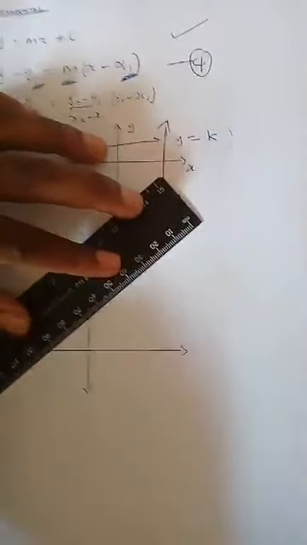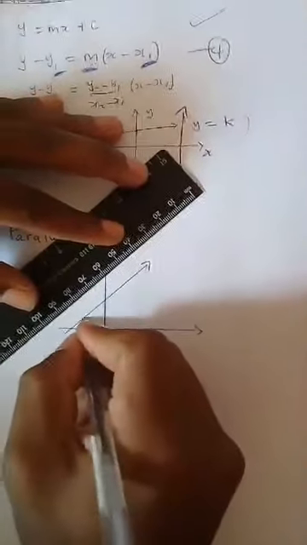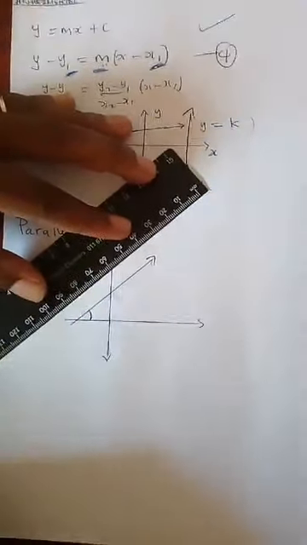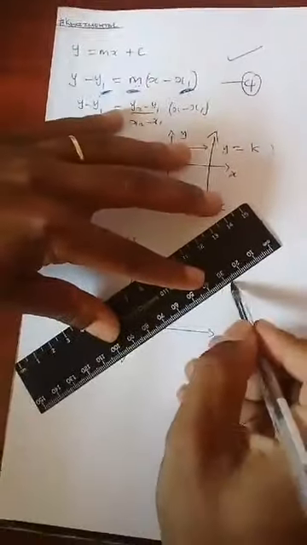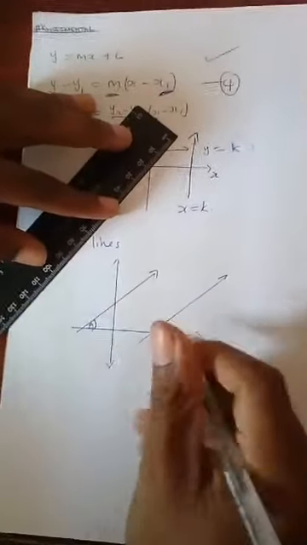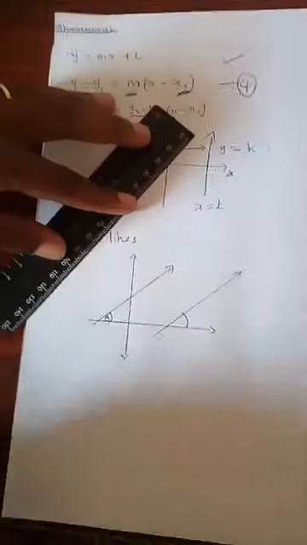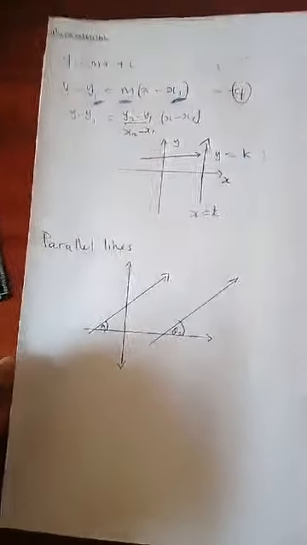So parallel lines, you'll have something like that. It's an angle there. Let's say that's theta 1, and you can have, I hope they look parallel. They do. And you can have theta 2. So these are parallel lines.